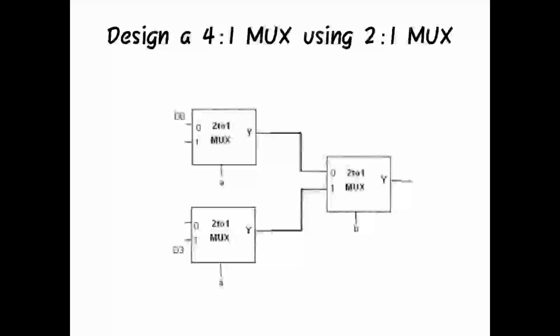If they give us a question like this, consider two 2:1 multiplexers. What is the input for a 2:1 multiplexer? 2 inputs, 1 output. Similarly, 2 inputs, 1 output and 1 select input. These two outputs are connected to another multiplexer to get one output.